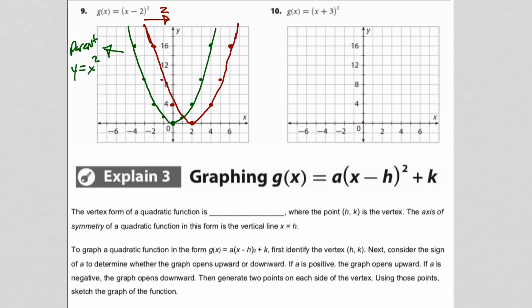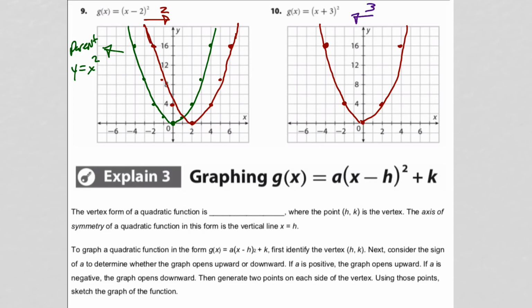And here we go again. Here's the basic shape of the parent. And now this translation means it's going to go 3 to the left.